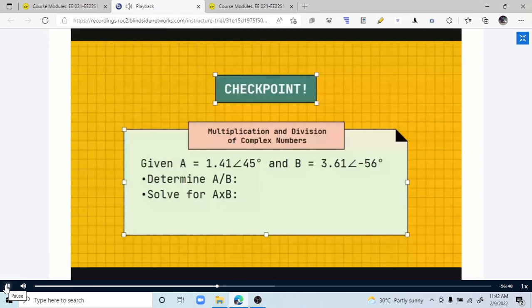So let us now solve for A multiplied by B. So that is 1.41 shift angle 45 multiplied by 3.61 shift angle negative 56. Give me your answer in polar form.